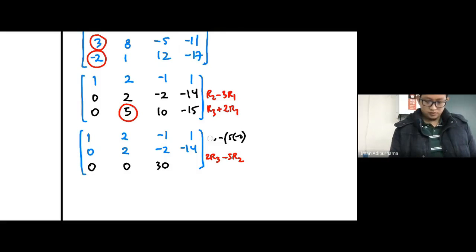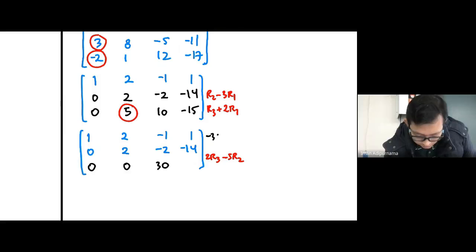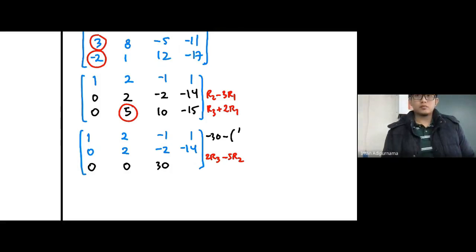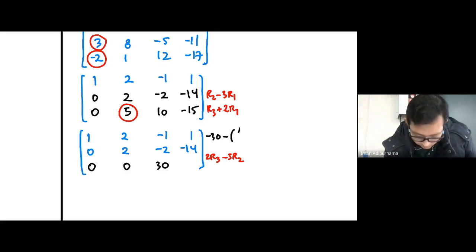And the last one, negative 30 minus negative 7.